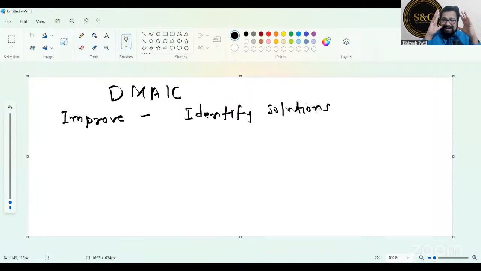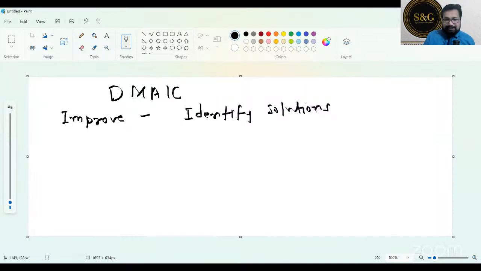So we have validated, proven root causes. Now this is the time to find solutions for those prioritized root causes. What solution generation methods are you aware of?